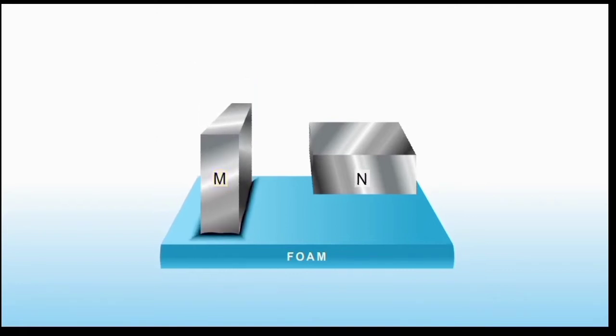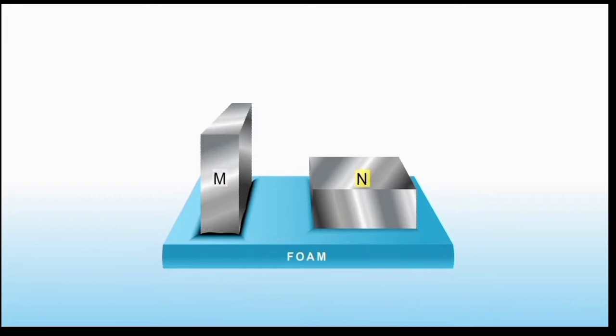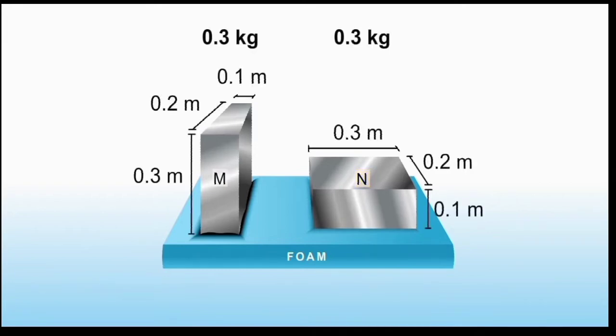Place the metal block M vertically and the other metal block N horizontally on the foam. Now, let's compare the compression of the foam where blocks M and N are placed. The foam shows more compression where the metal block M is positioned vertically.